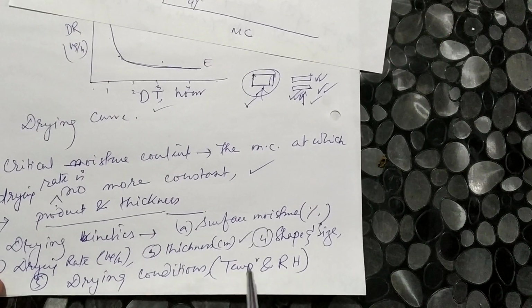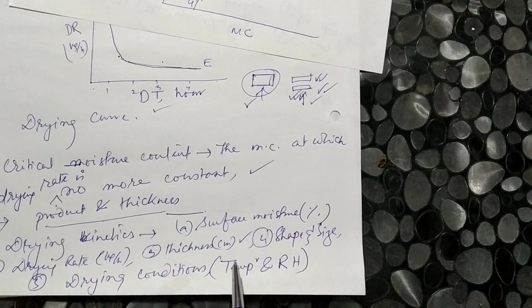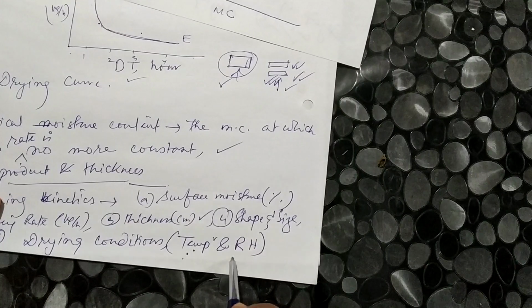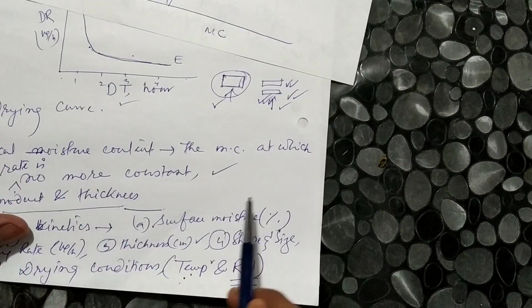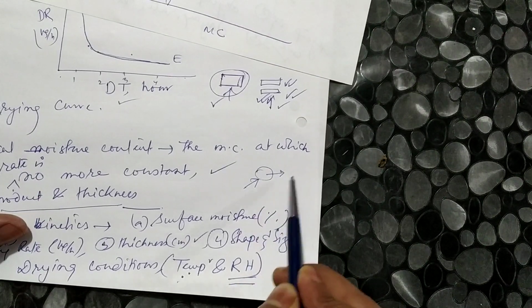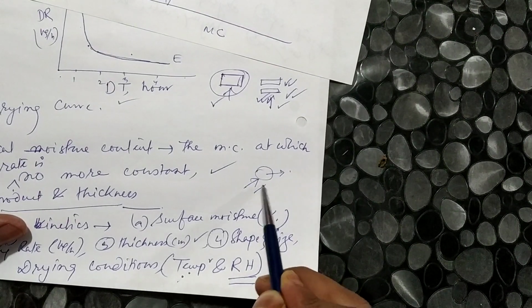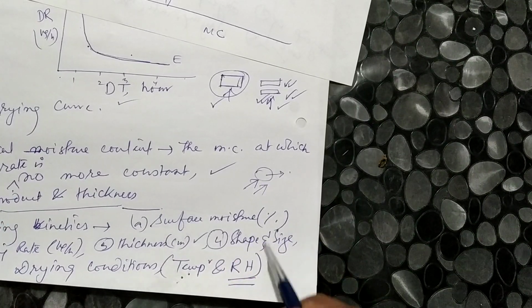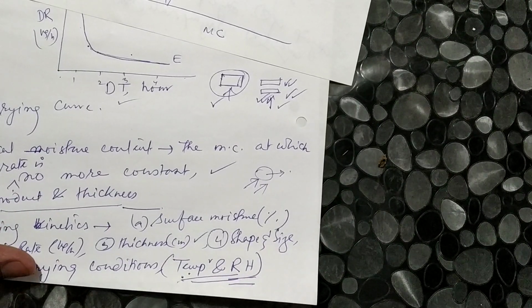You know that with the application of heat there will be drying, more heat means more drying, and also the humidity. If the surrounding has low humidity, there will be faster drying. If the surrounding has high humidity, there will be slower drying, because the gradient will not flow. So that is why these two parameters are very important.